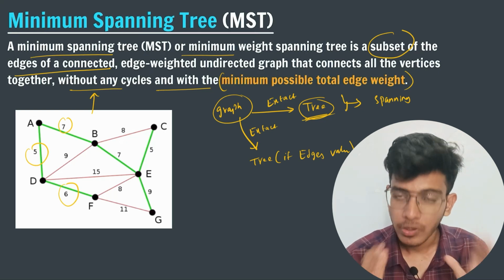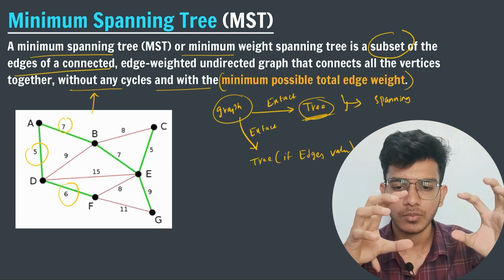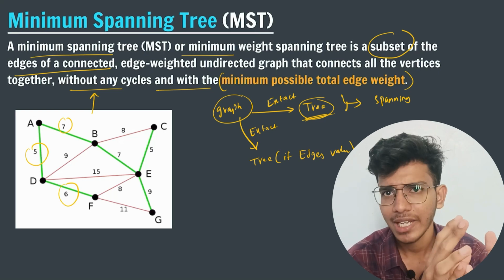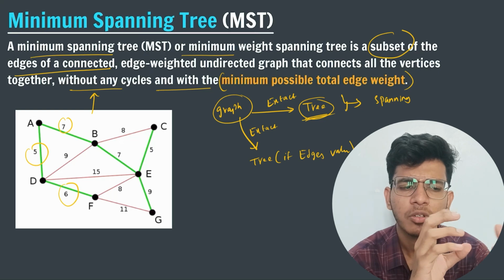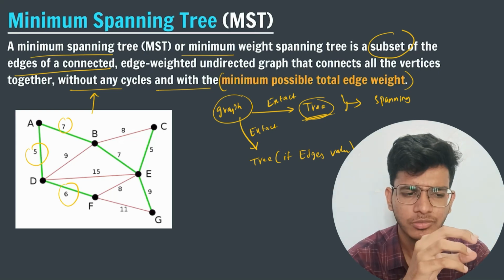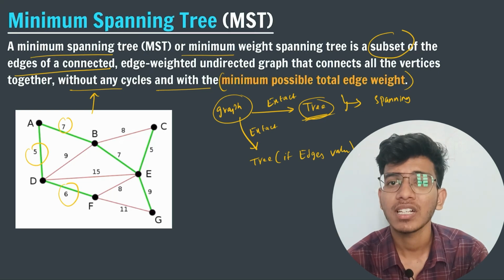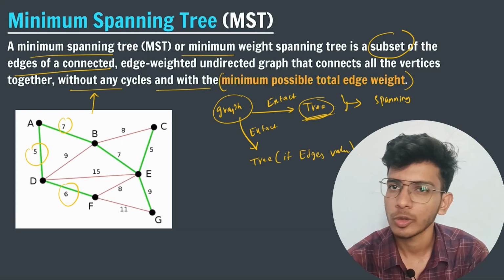I hope you are very clear, right? The basic definition of MST is that we have a graph, and in the graph we have cycles. The main motive is to remove cycles, and in basic terms, from this graph you are extracting a tree, whatever the tree might be. It doesn't have to be a binary tree, it can be a tree with n number of nodes.